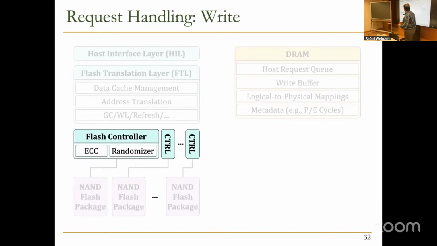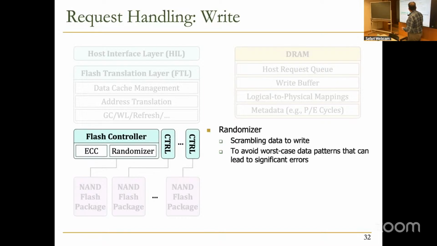But in addition to that, the flash controller, for example, does ECC and randomization. So the randomizer basically does scrambling of data to write. People realized after some characterization that there are some data patterns that can exacerbate the number of errors, and also the probability of errors that we are getting from flash memory. So those are worst case patterns.